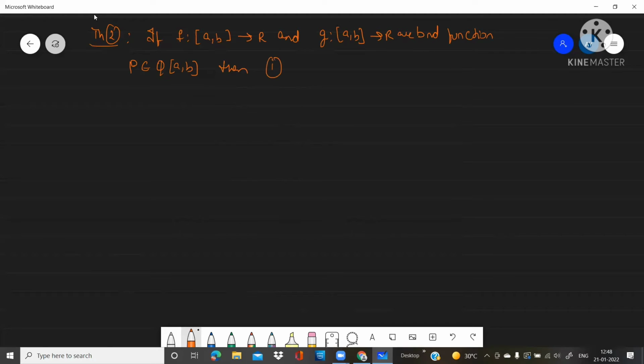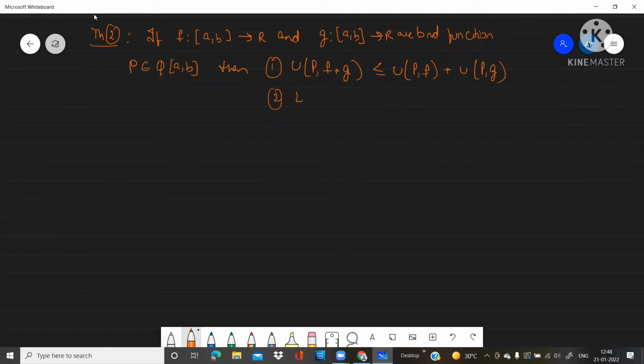The first one is U(P, f plus g) is less than or equal to U(P, f) plus U(P, g). It is something like a distributive property.